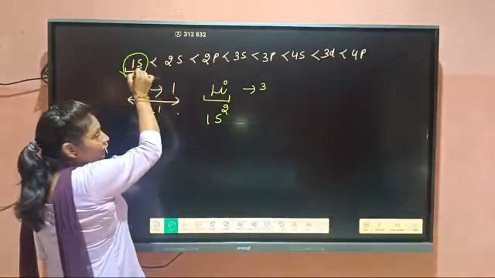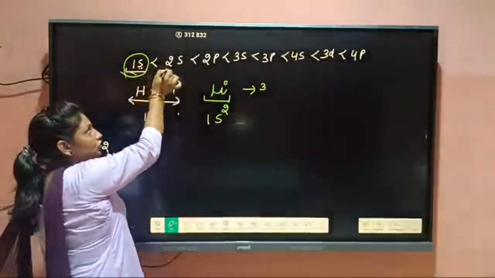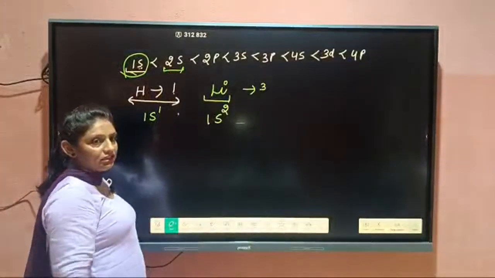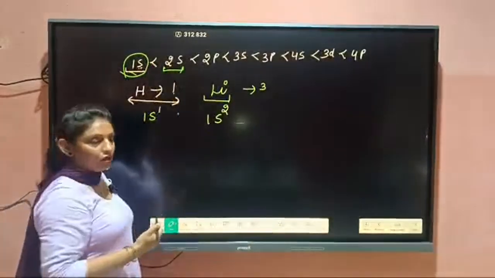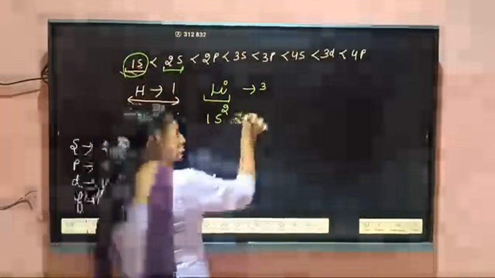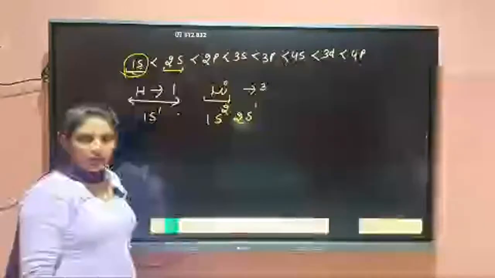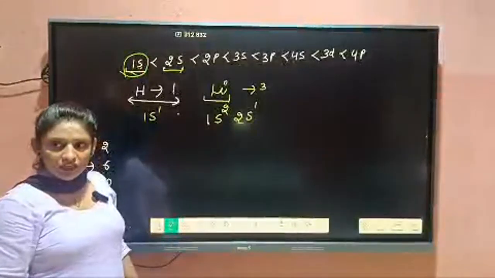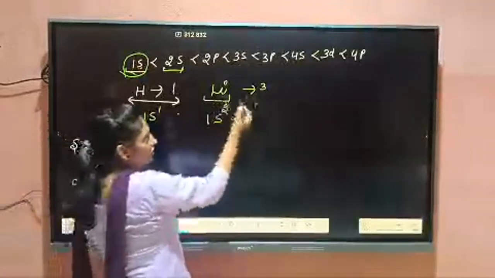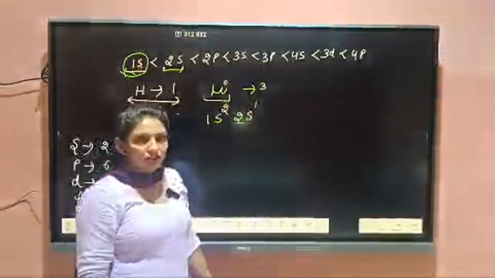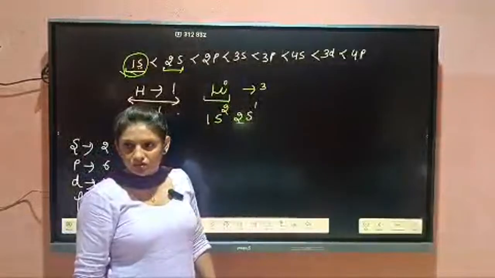After filling this completely, we will move to the next energy level, and next energy level is 2s. So this electron we will fill in next energy level. So what is the configuration for lithium? 1s2, 2s1. Clear or not?